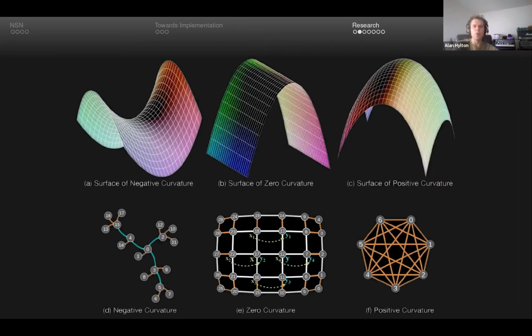One of the other things that we can do with these temporal networks is it turns out you can actually generalize familiar notions of curvature to these things. And so I have curved surfaces up top and graph theoretic versions below. And just as curvature governs flow on a smooth surface like a manifold, it also governs flow in networks in a very quantifiable way.